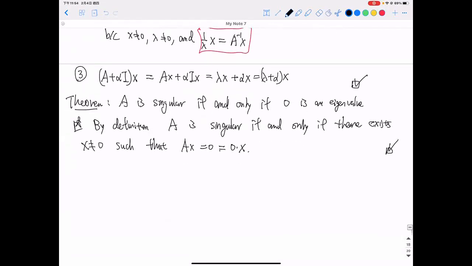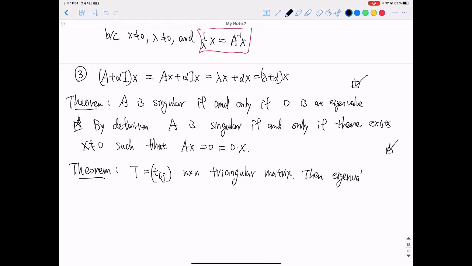So finally, just one more theorem. Now if T is an n by n triangular matrix, then eigenvalues can be read immediately.